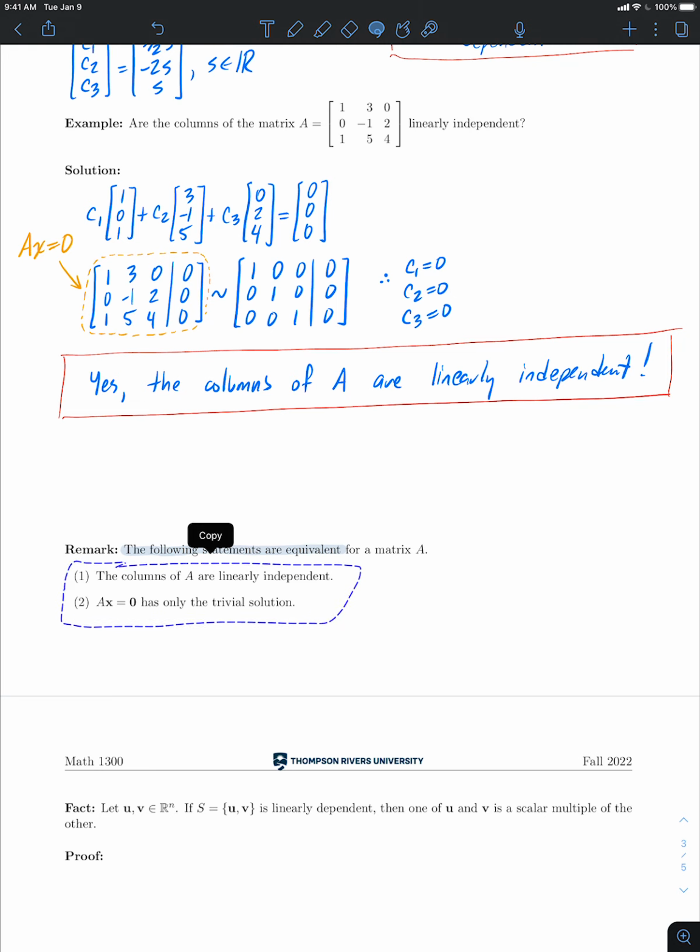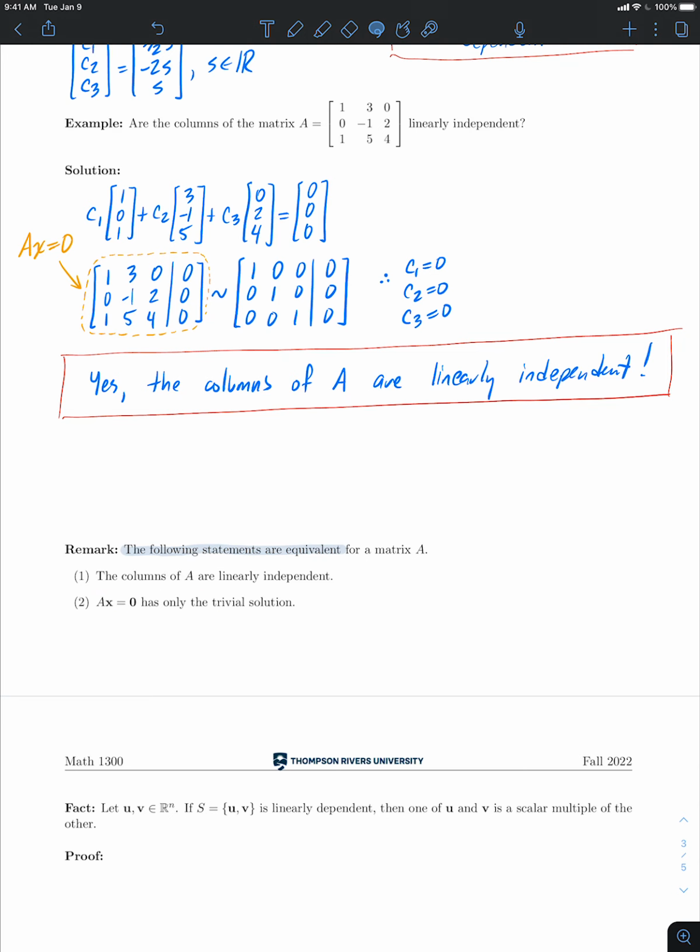But if a single one of those statements is false, then all of the statements are false. So in other words, they're all true under the exact same circumstances, and they're all false under the exact same circumstances. What that's useful for is maybe you want to know if one of the statements is true, but maybe it's easier to check if one of the other statements is true. That's the setting in which you would use a fact like this.